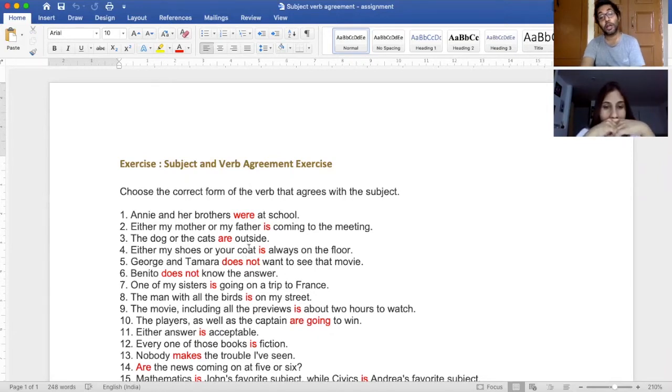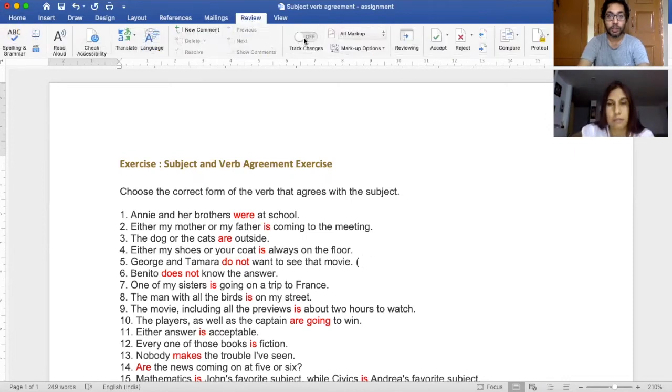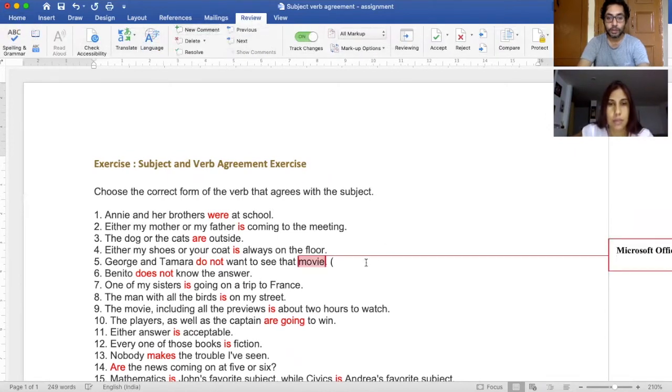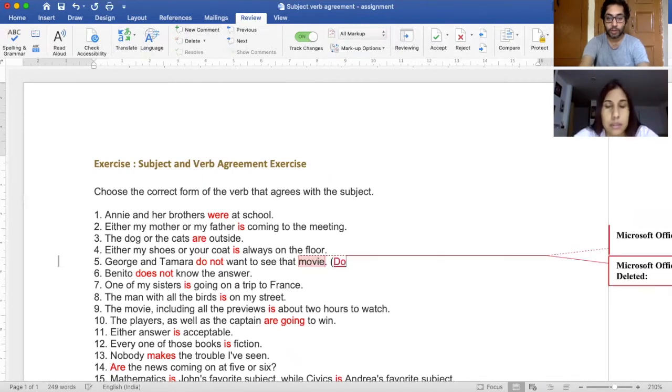George and Tamara are two, more than one person. They don't. Do not with plural and does not with singular. Do not when there are more than one and does not when there is one.